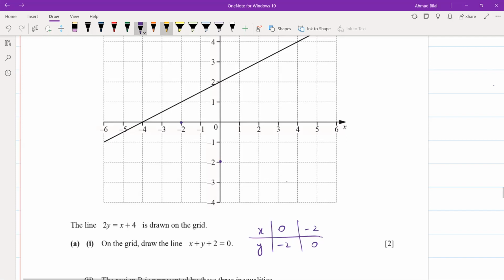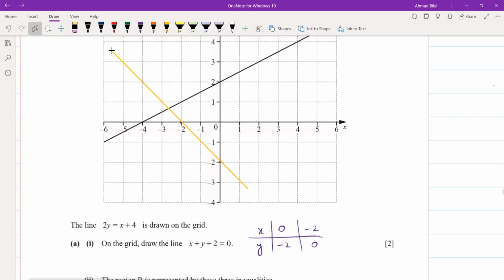ठीक है, अब इसके थ्रू लाइन ड्रॉ कर दें. That's going to look like this. ठीक है, this is the line that we were asked to draw. Okay, तो आपने वो दोनों पॉइंट्स प्लॉट कर दिए and you just make that line like that.